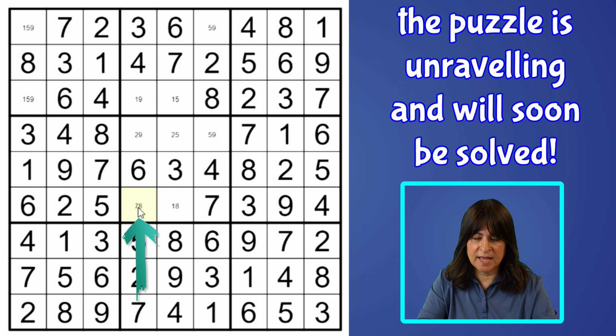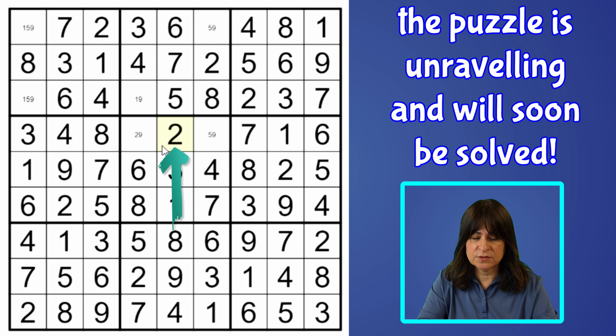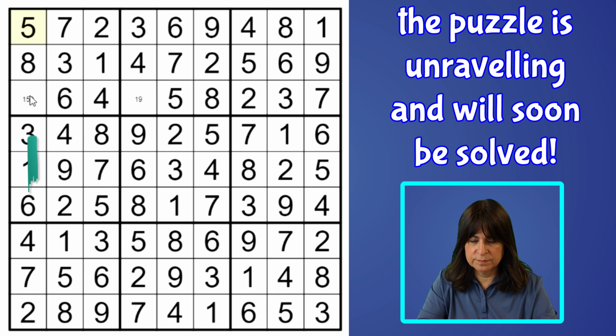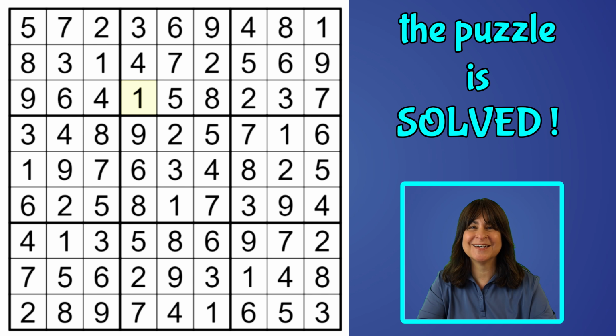That makes this an 8, and then this is a 1, which makes this a 5, which makes this a 2, and then this is a 9, and this is a 5, and then this is a 9, and now this is a 5, which makes this a 9, and then there's one more cell and it's a 1, and the puzzle is done.